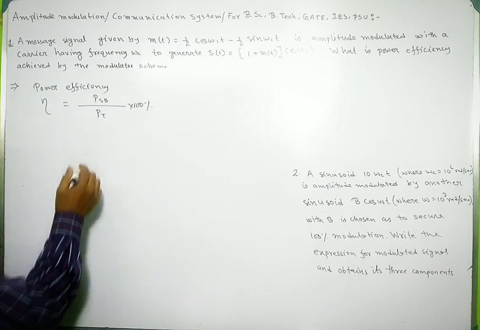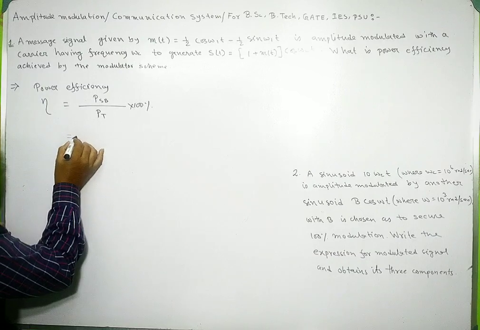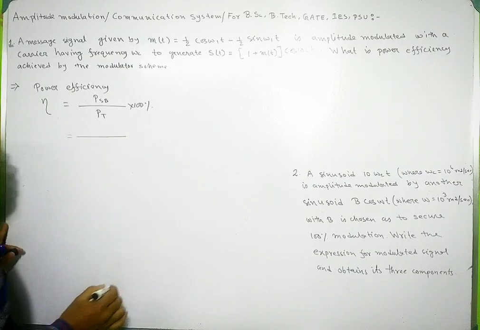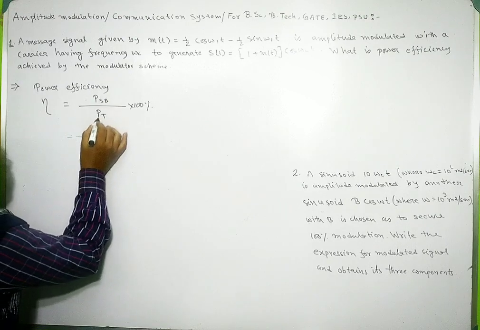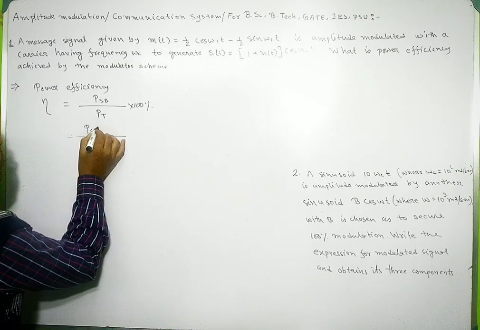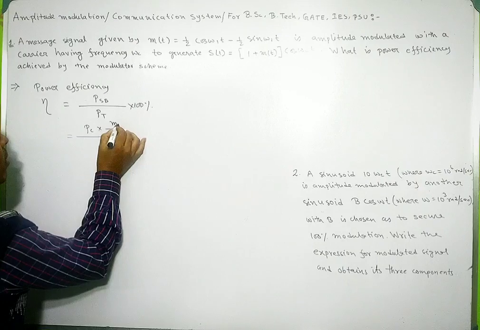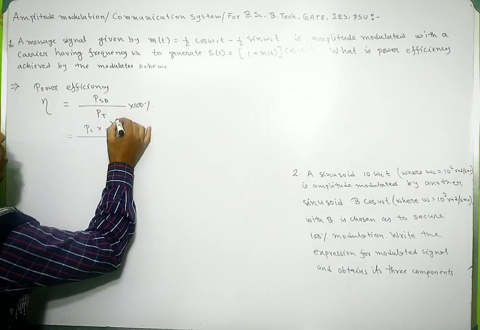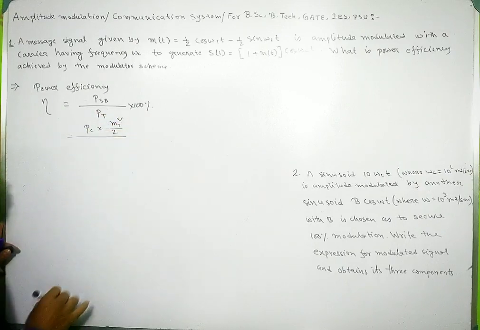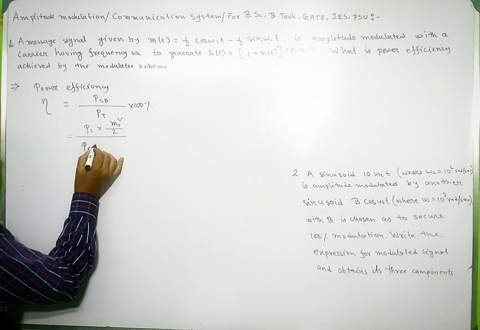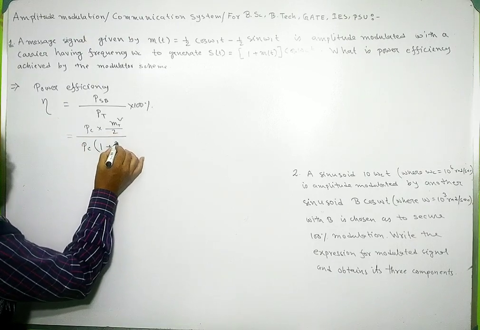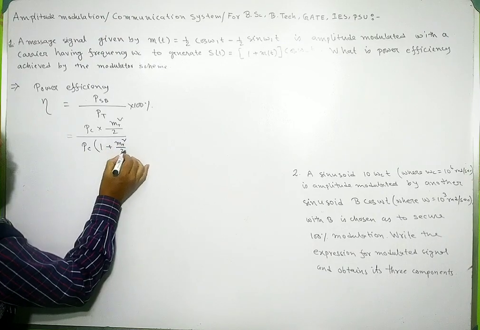I have already derived this formula in my class. So, here the sideband power is total carrier power into mt squared divided by 2, where mt is the modulation index, and the total power is Pc into 1 plus mt squared by 2.